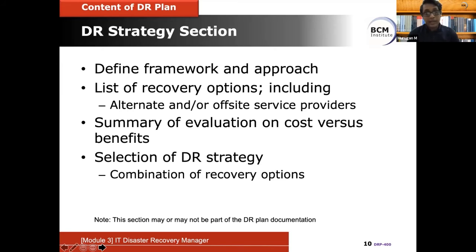Sometimes, depending on the severity of a disaster, I have seen clients have two strategies for the same application. For severity one, they will do, for example, online replication, or whichever way they recover.